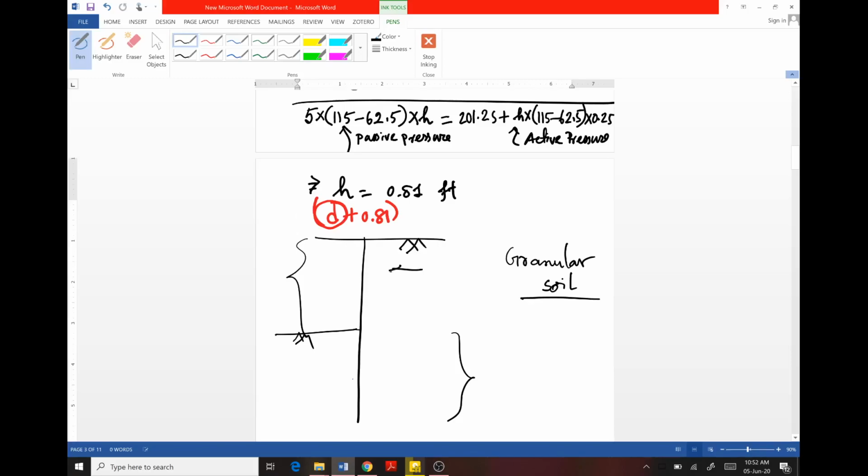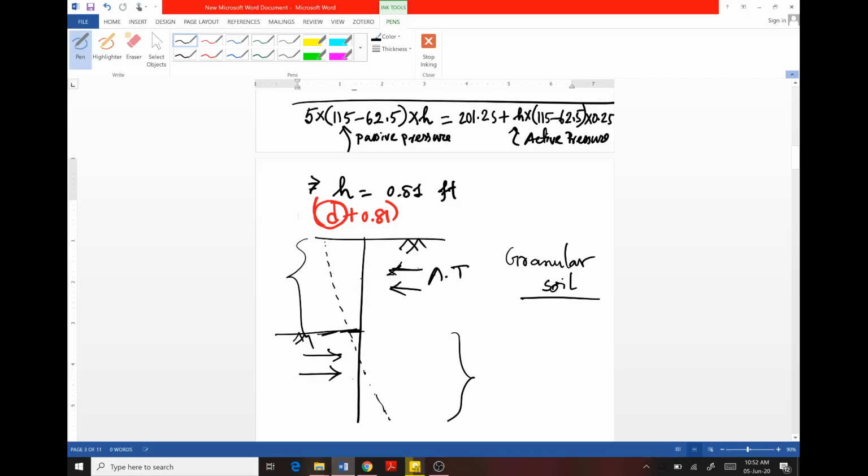When the active thrust from these regions happens, it tries to deflect the sheet pile like this, and the sheet pile rotates like this from its initial position, and after reaching this region, passive thrust begins.